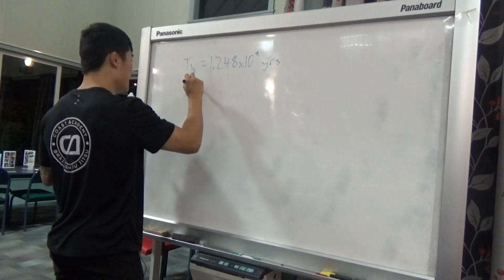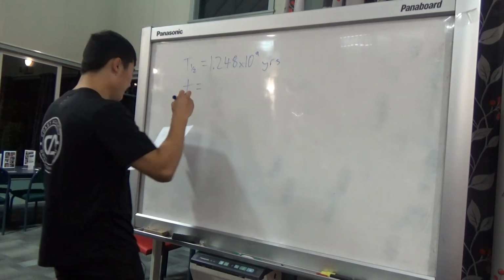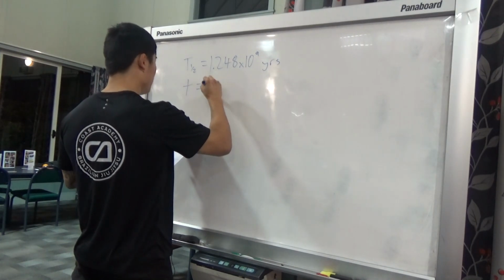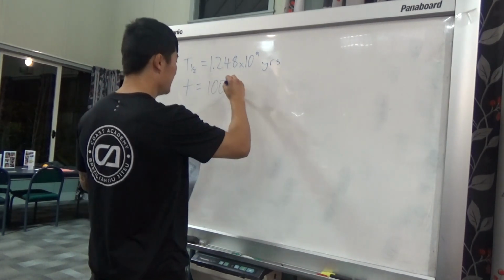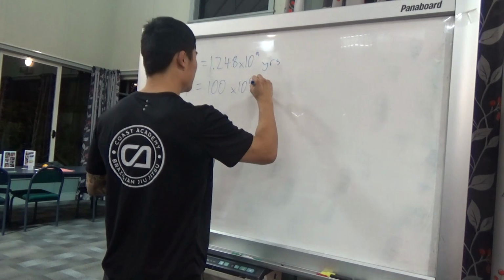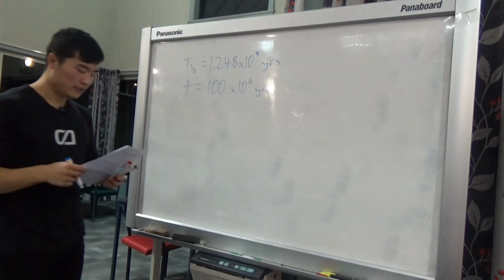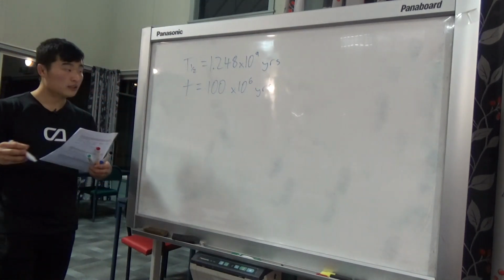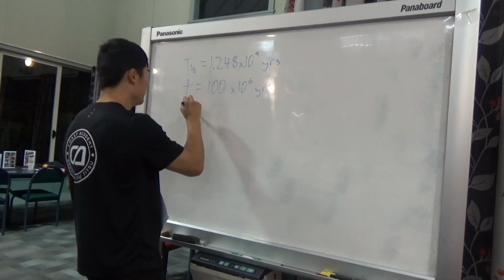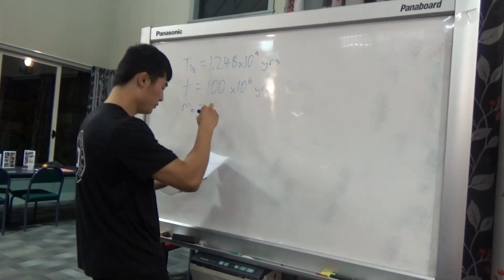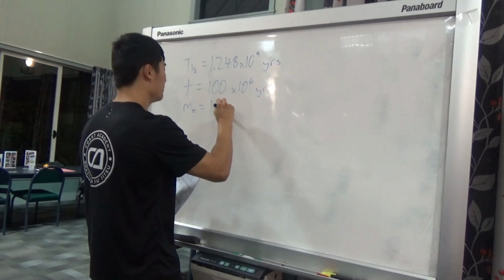And we have the time. So time is 100 million years, so 100 times 10 to the power of 6 years. And the original mass was equal to 1 milligram.